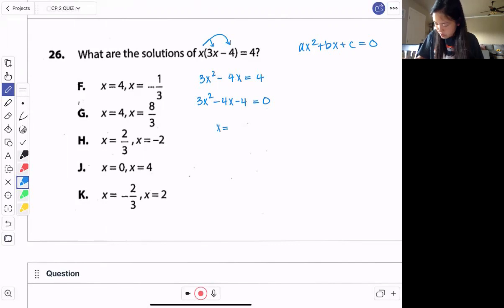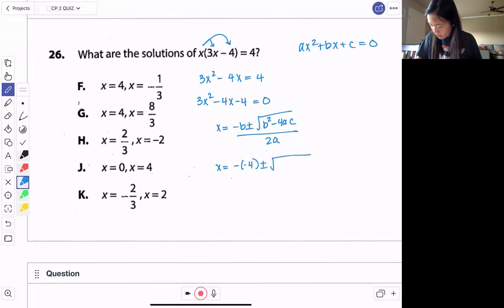And then I'm going to just go ahead and use the quadratic formula. So x equals negative b plus or minus the square root of b squared minus 4ac, all over 2a.